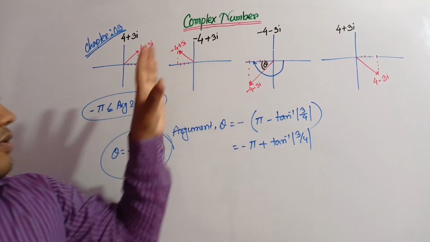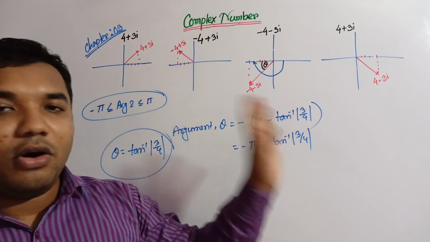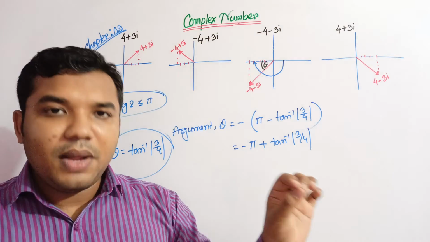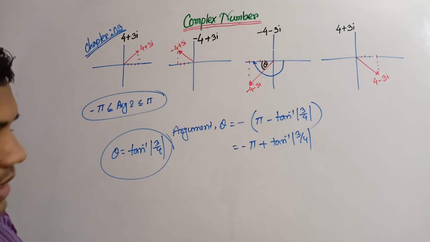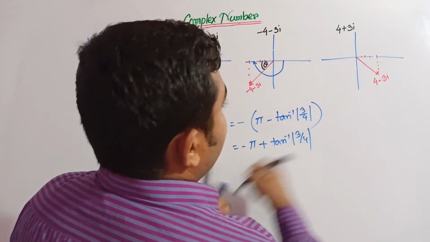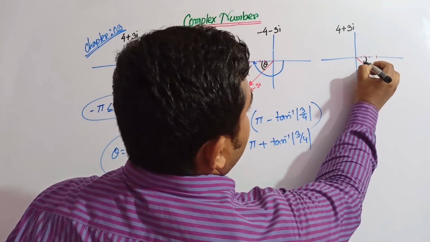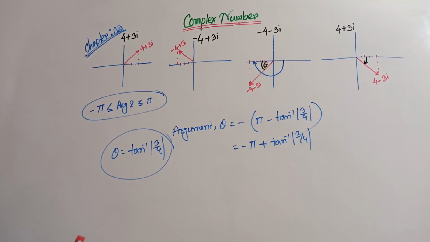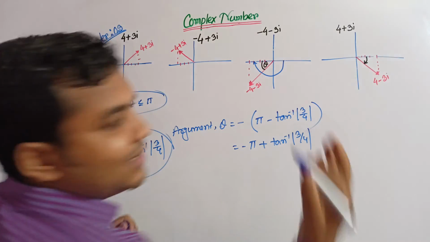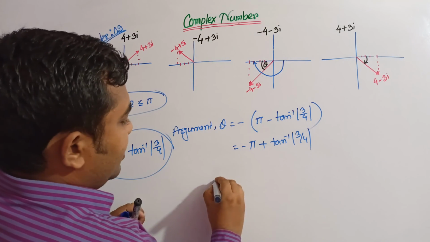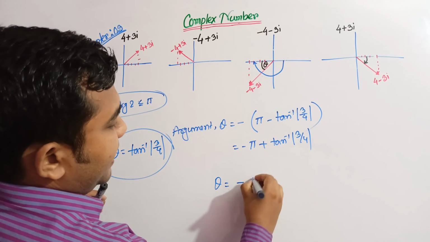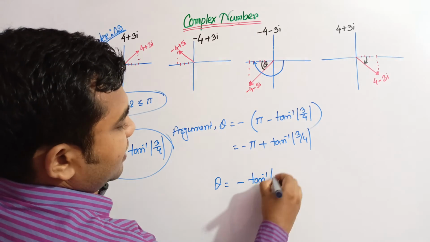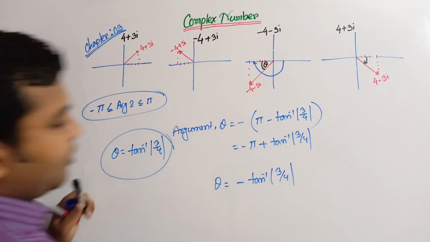If we find any value like -4 -3i, or minus a minus bi. And for the fourth quadrant, what will we get? Actually, we need to find the value of this angle, and this angle is definitely just theta, which should be equal to minus tan inverse 3/4.